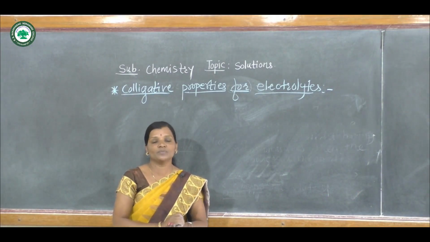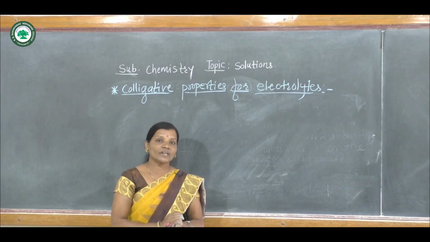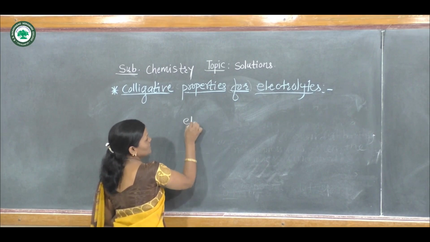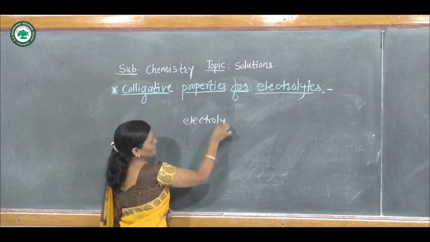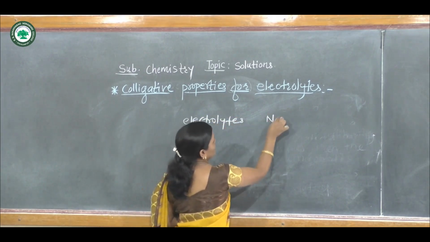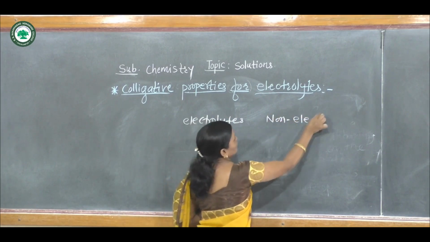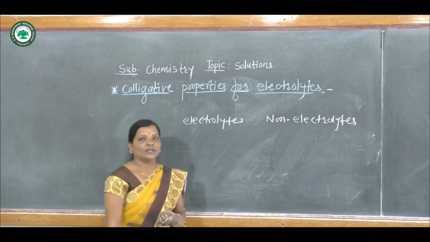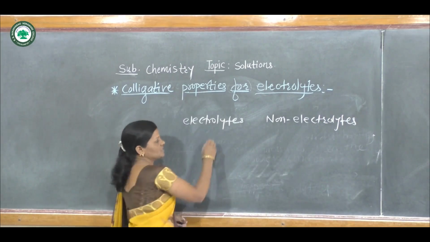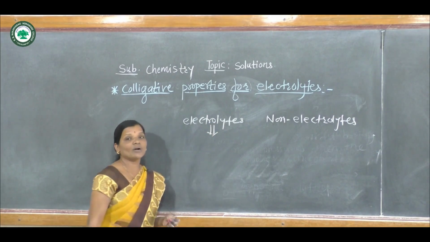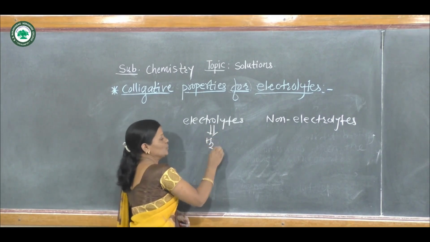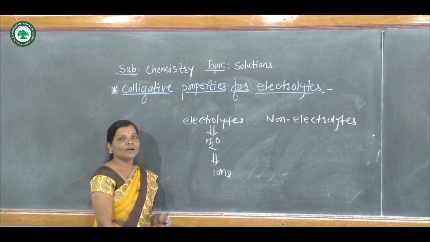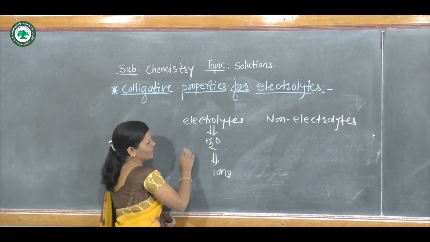First we should know what is meant by electrolytes and non-electrolytes. Electrolytes are substances which, when dissolved in water, produce ions, two or more ions.